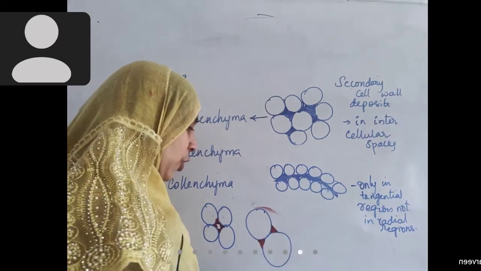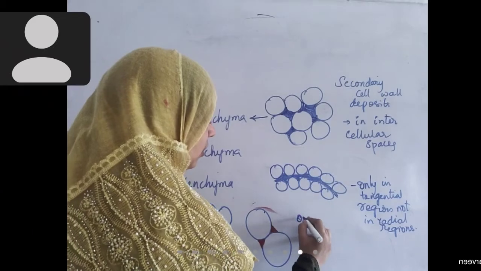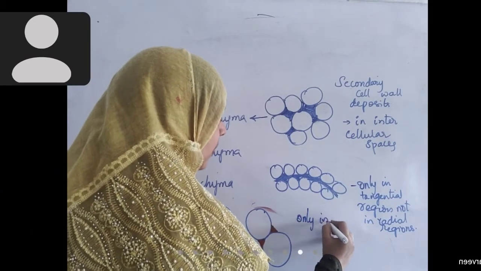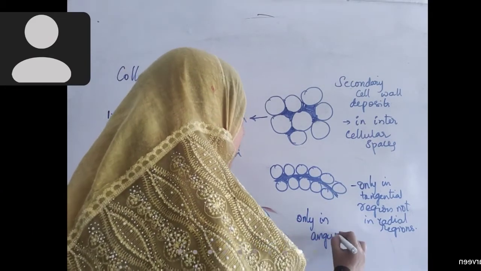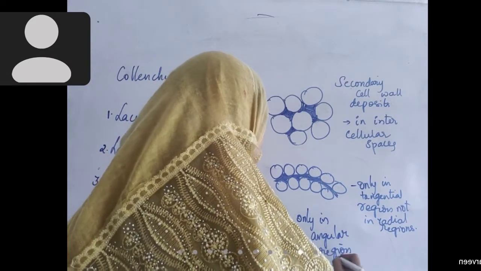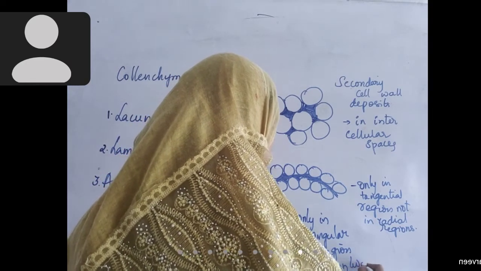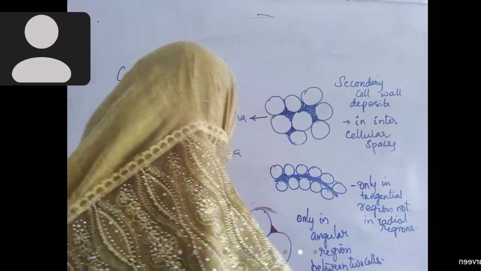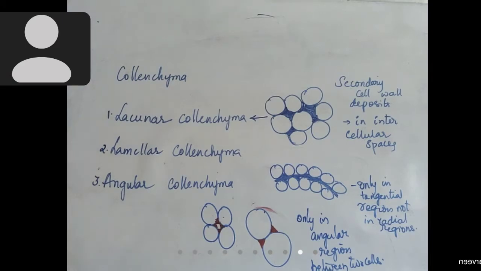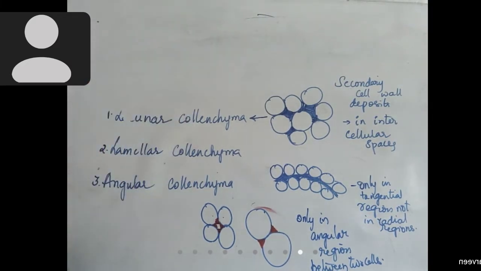So cell wall deposition is seen only in angular regions between two cells, right? That is about the three types of collenchyma. Very simple. Two types of sclerenchyma are there. They are also very simple.